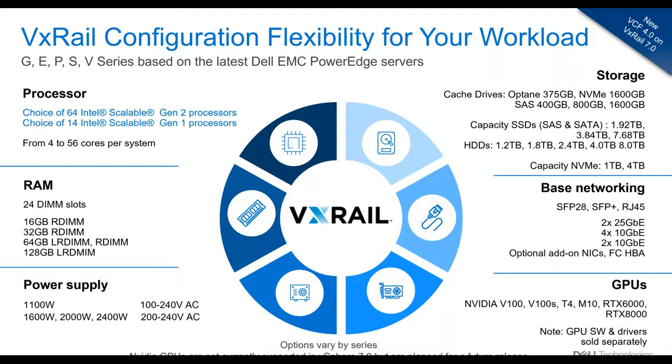But for the most part, you have a full open bag of configure-to-order options for your VxRail nodes that are used. One important thing to note, though, especially as it relates to the GPU. VxRail 7.0, which is based on vSphere 7.0, was released within that 30-day synchronous ship alignment that we have with VMware.